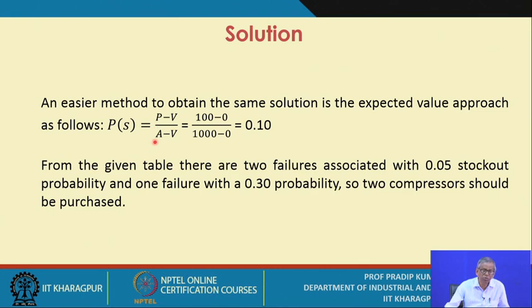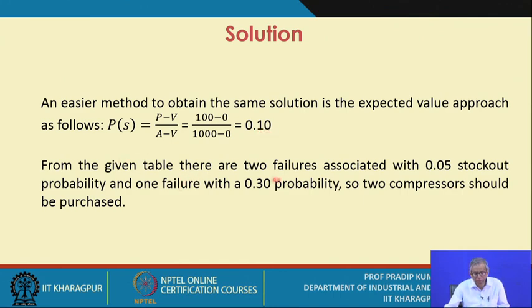This is the stock out, that means the demand is occurring, but you do not have stock at that point in time when the demand occurs, when the failure takes place, there is no stock of the compressor. So, immediately you have to purchase, and that purchase price is $1,000. So, obviously it is 100 minus 0 divided by 1000 minus 0. So, this value is the optimal stock out probability, that value is 0.10.